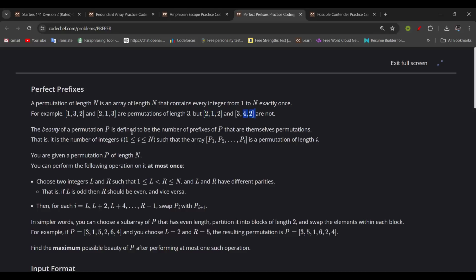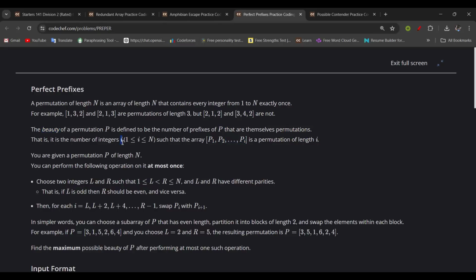Beauty of a permutation P is defined as the number of prefixes of P that are themselves permutations. That is, it is the number of integers I such that the array from 1 to I is a permutation of length I. So what does the beauty say?